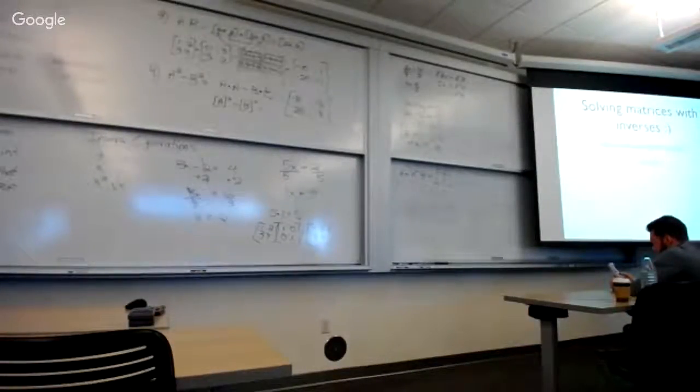When you're all done typing in matrix A and matrix B, and then you compute A inverse B, it's 2 by 1, because it's 2 rows, 1 column.